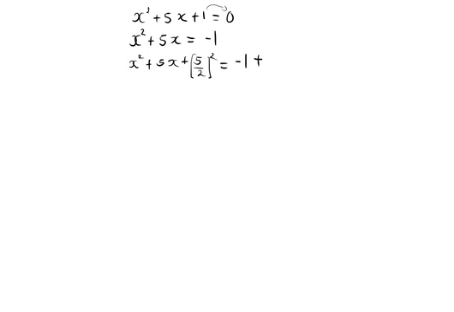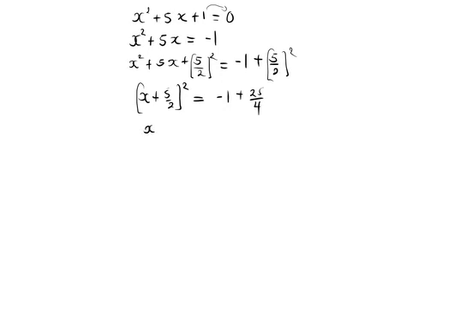We also add the c, which is 5 over 2 squared. So the left hand side of the equal sign will have x plus 5 over 2 squared, since it is a perfect square, which will be equal to negative 1 plus 25 over 4.